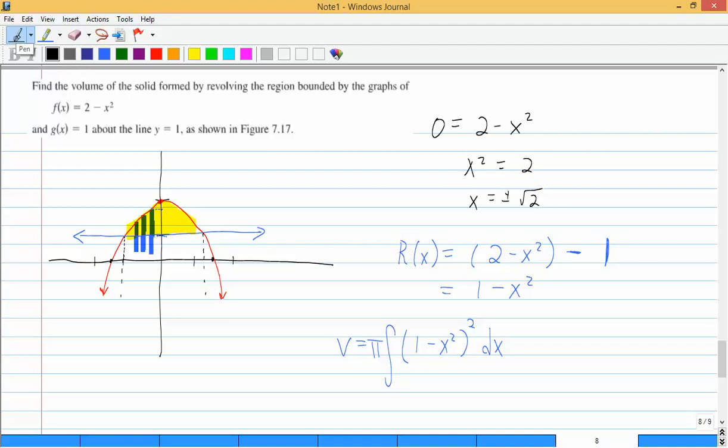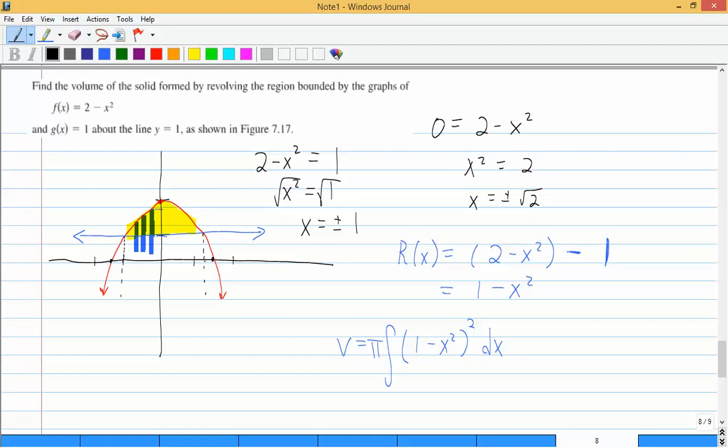We set the two equations equal and solve for x. So 2 minus x squared equals 1. So if you move the 1 over, you move the x squared over, you flip it around, you have x squared equals 1. Solve for x, you get x equals plus or minus 1.